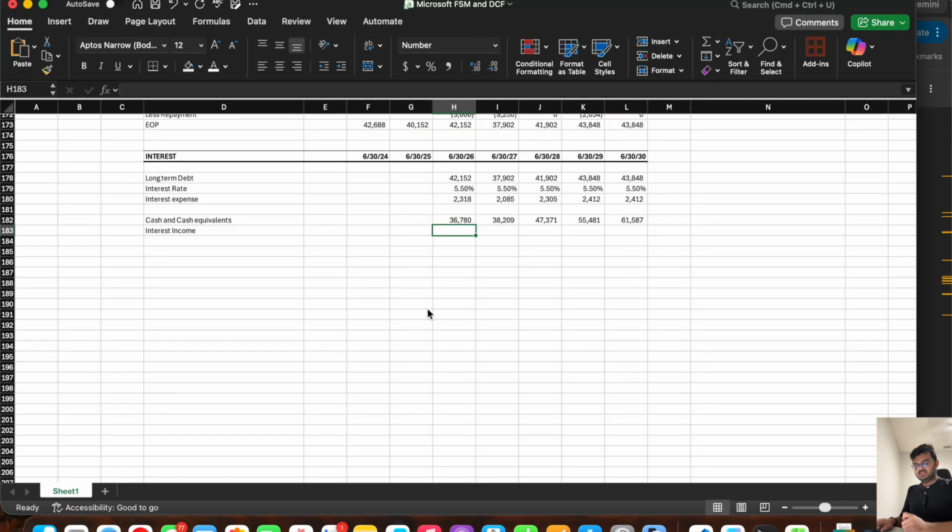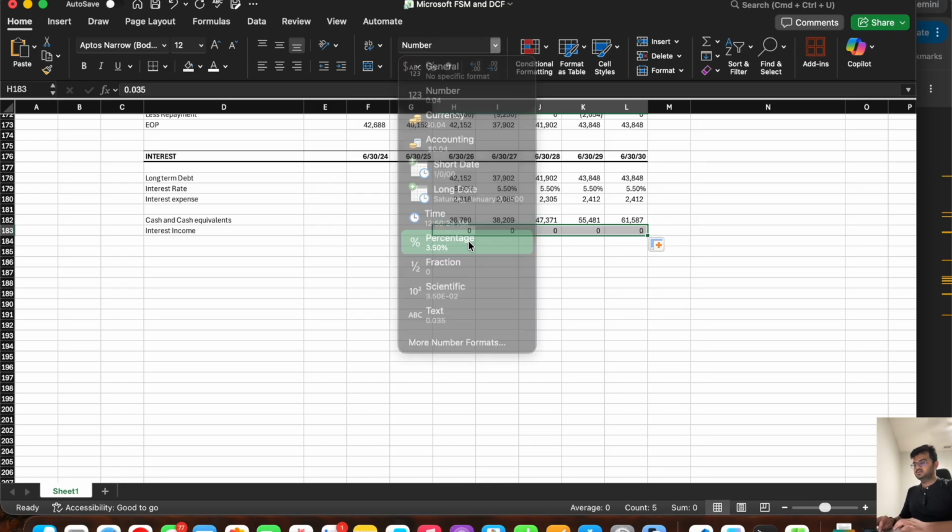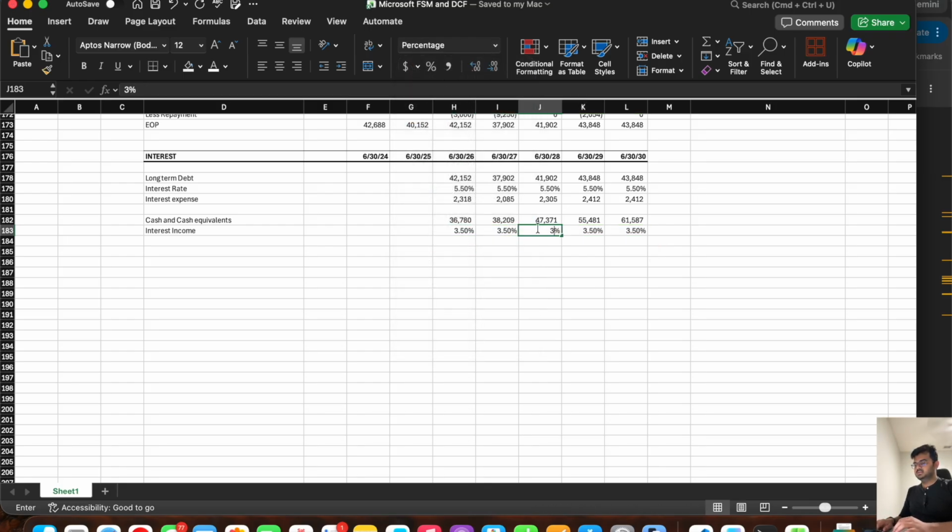But I'm going to take a simple assumption that they are going to get 3.5 percent as interest for the next 5 years. You could argue the Fed is cutting rates, so the number might get lower. That's absolutely fine. You could make interest income only 3%, but in that case you also need to update the expense here, because if interest rates are going down, the rate at which they borrow the debt is also going down. So make sure you are consistent in the way you calculate it.